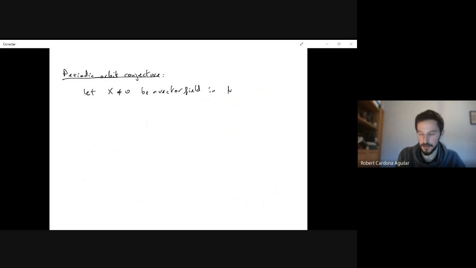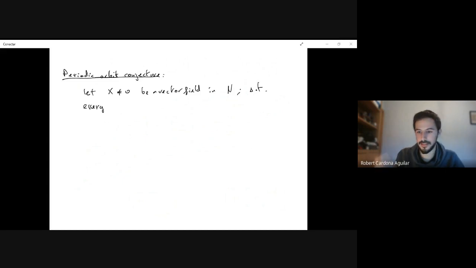So there is a conjecture. This is called the periodic orbit conjecture. And with this, I will finish. What this periodic orbit conjecture says is: let X be a vector field in N, some closed manifold, such that every orbit is closed.